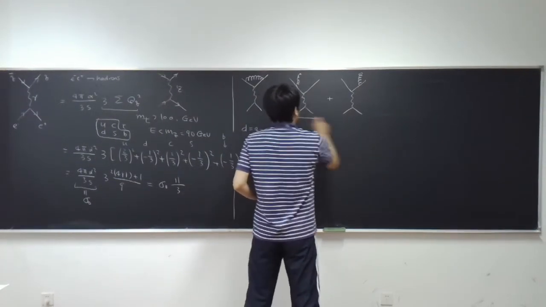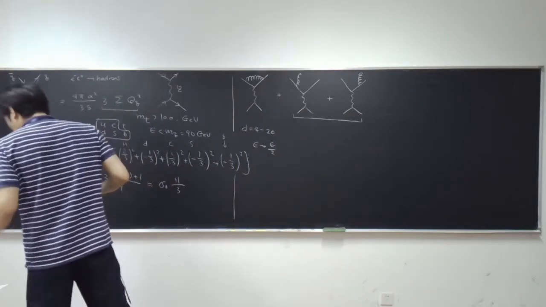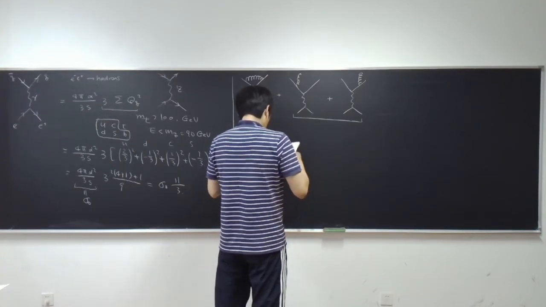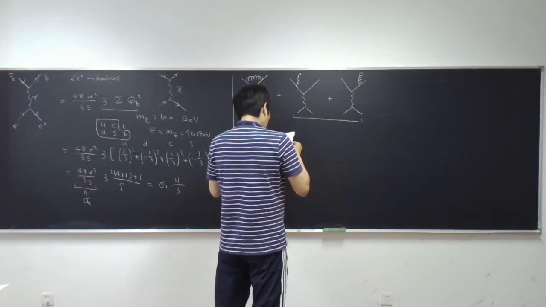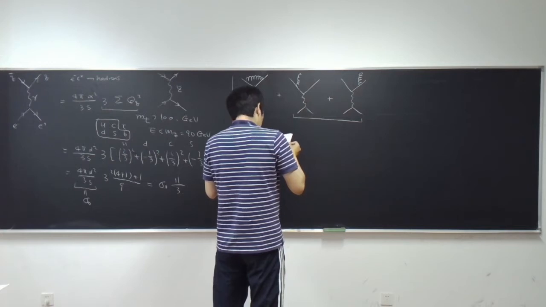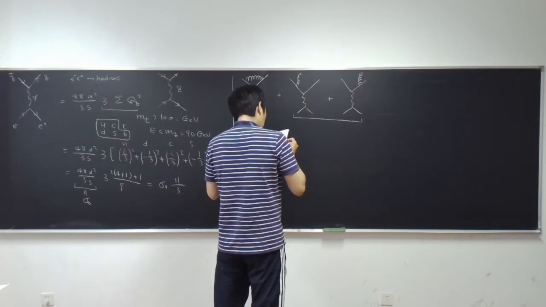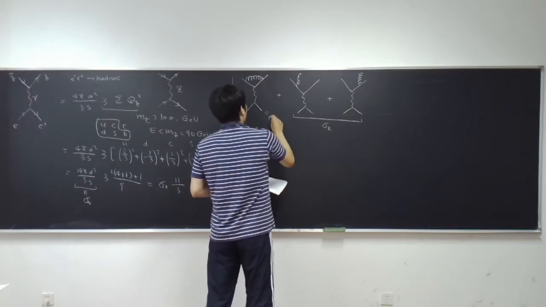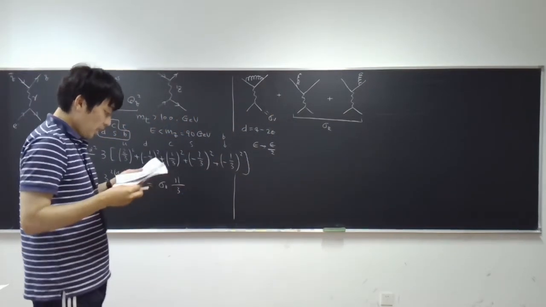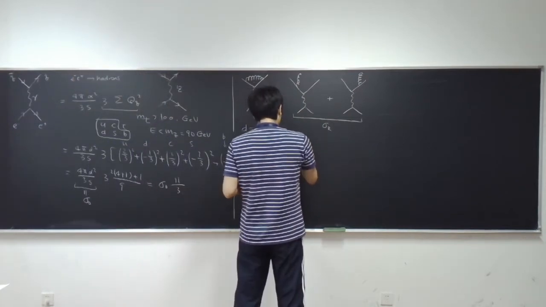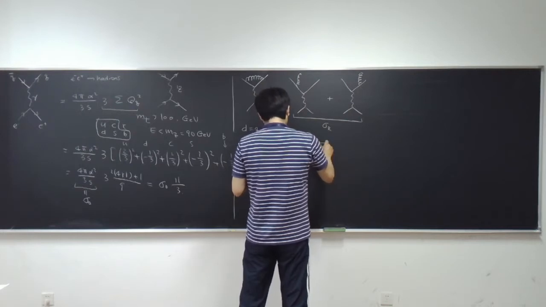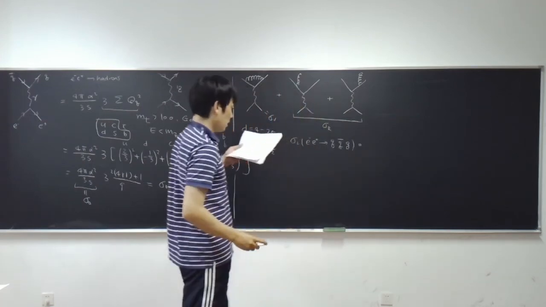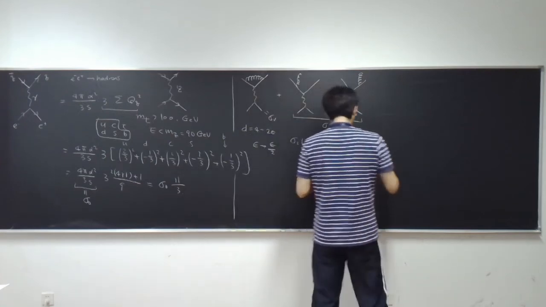So for the next to leading order, we call this sigma R and this sigma V. For sigma R, it is indeed e+e- goes to q qbar and g, and this can be understood as follows.